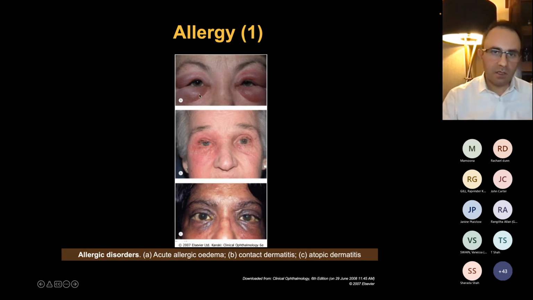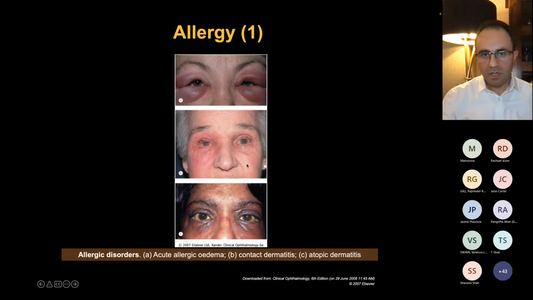You need to ask in the history whether they changed their, for example, makeup, they changed their shampoo, or they had any exposure to something unusual recently, or if this is a recurrent issue. Because if this is a recurrent issue, especially if this is combined with other atopic disease like eczema, asthma, these kinds of things, think it could be, most of the time, allergy, and there is no harm in treating with chloramphenicol, but you need to consider antihistamine in these cases.